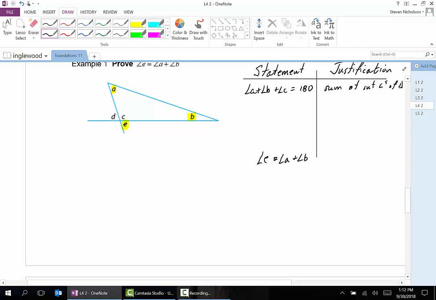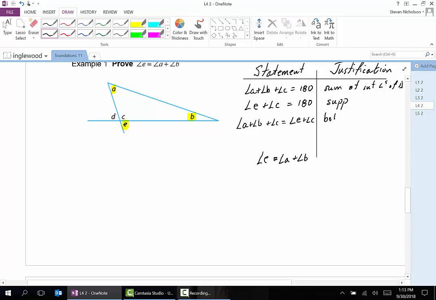Now, the other 180-degree thing we know is this thing right here. We know that those two things equal each other because they're supplementary angles. Now again, what I want you to recognize is they both equal 180 degrees. So given that, we can say angle A plus angle B plus angle C equals angle E plus angle C.